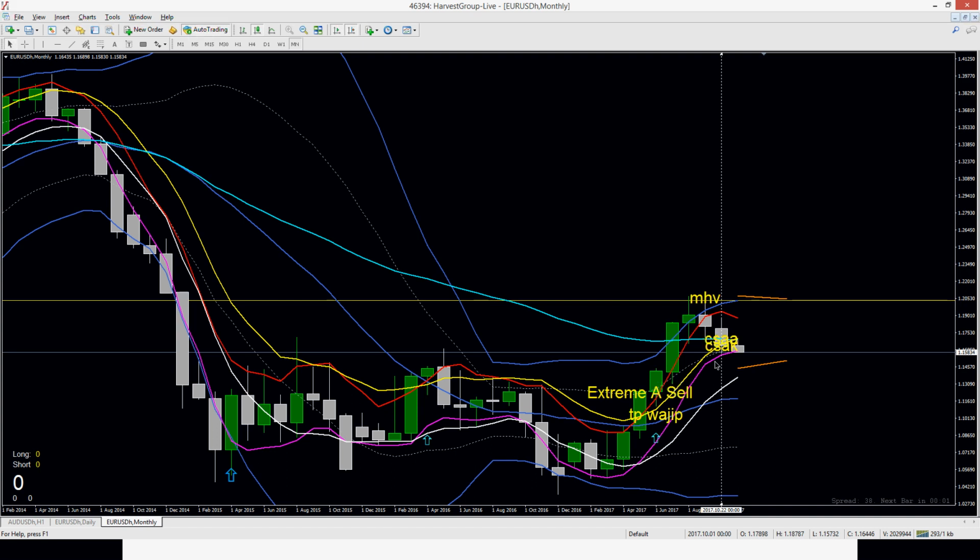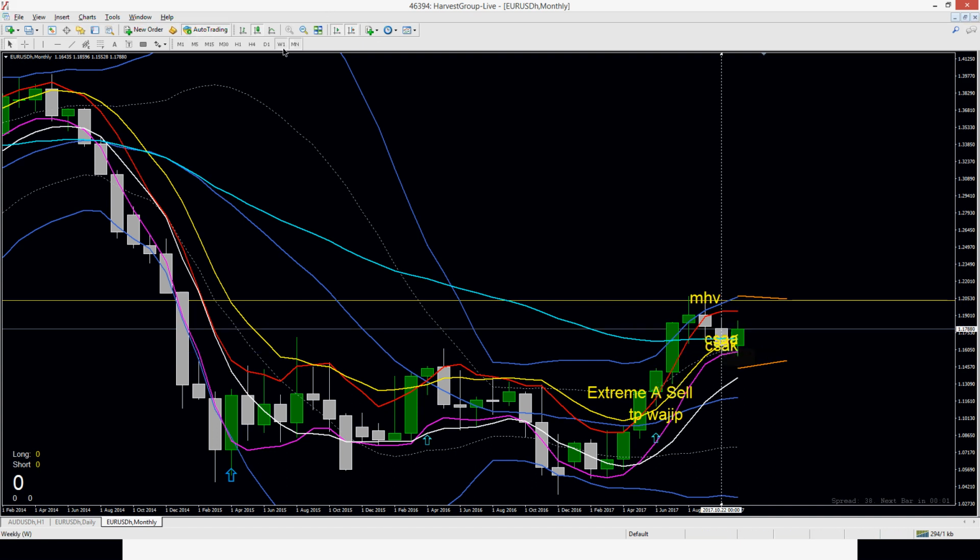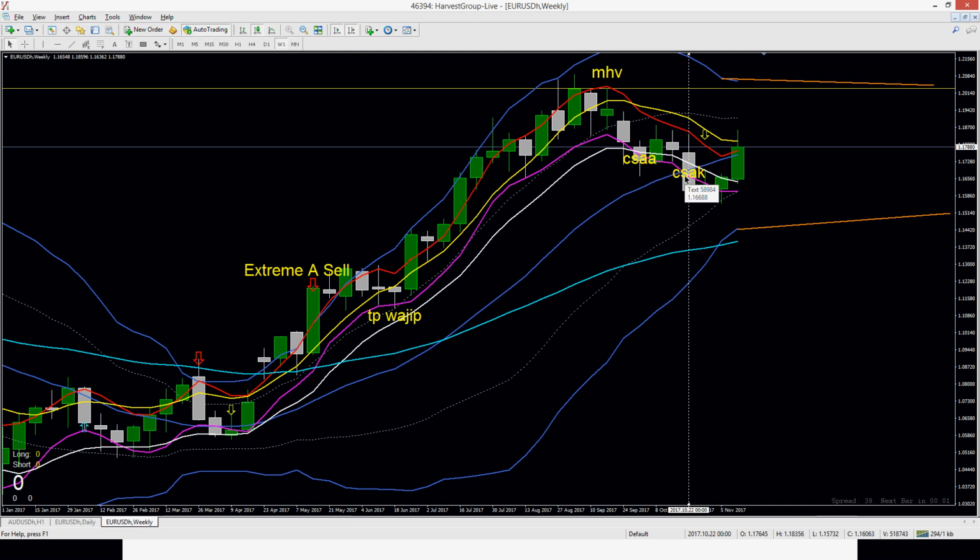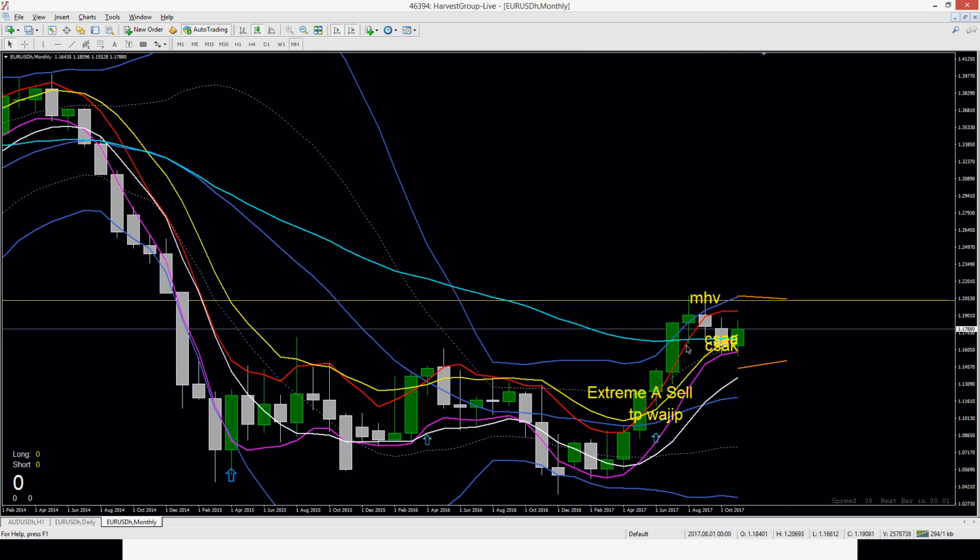And look, if you look at a higher time frame, there shouldn't be a re-entry buy. So right now, this candlestick Arah Kuku at the weekly is still invalid because of this particular setup at the monthly time frame.